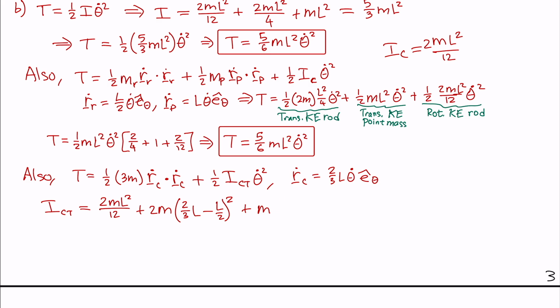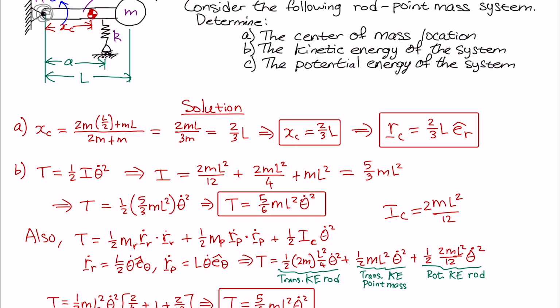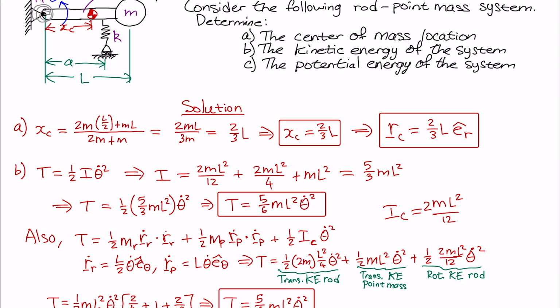That's going to be 2L over 3 minus L over 3, which will just give us L over 3, that quantity squared. And so this comes out to be, it ends up being mL squared over 3. This is about the center of mass, this x_C position here, not about the pin position.